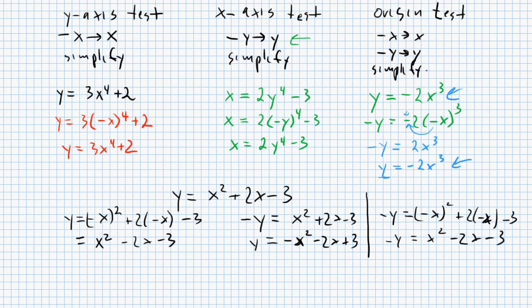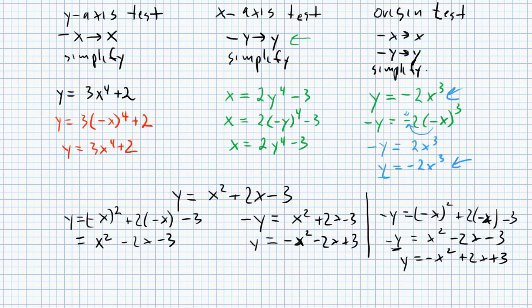Now, when we multiply both sides by negative to get the y by itself, so we can compare directly, we get y is equal to opposite x squared plus 2x plus 3, not the same as the original, so that one fails.